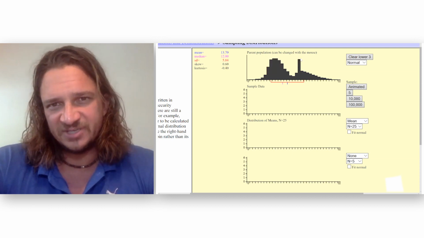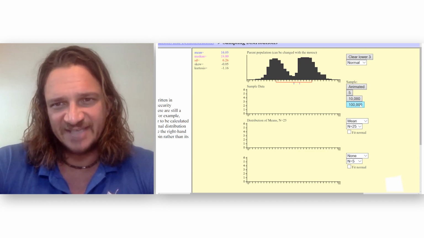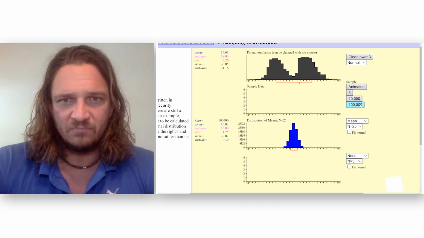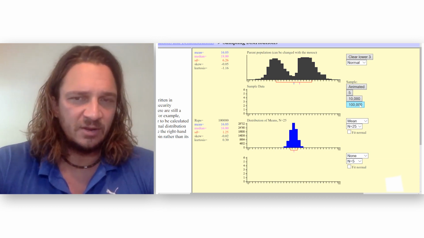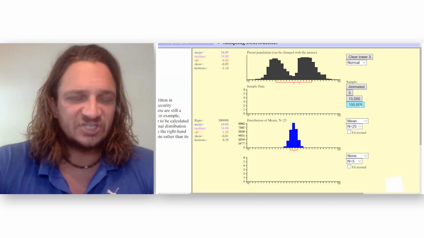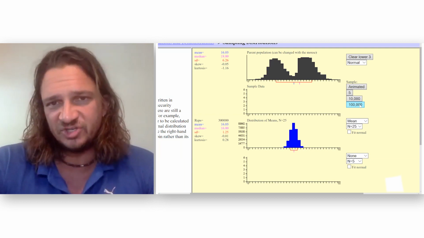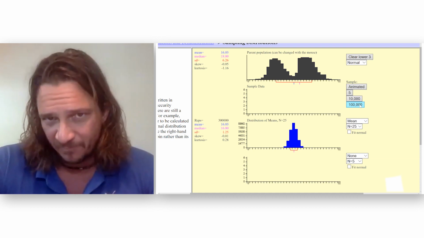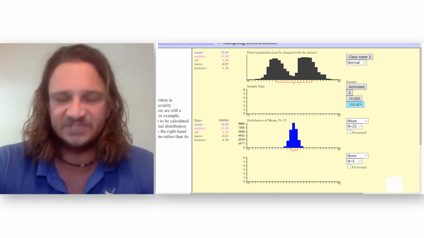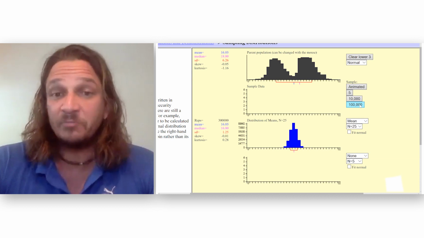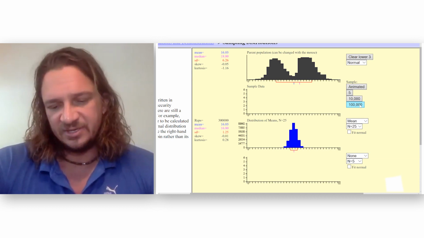This would be known as a bimodal distribution. When I take a sample, sample means are normally distributed. And this stresses that the central limit theorem says no matter what the distribution of individual people is, that top black histogram, the distribution of means, that blue one, will be normally distributed.